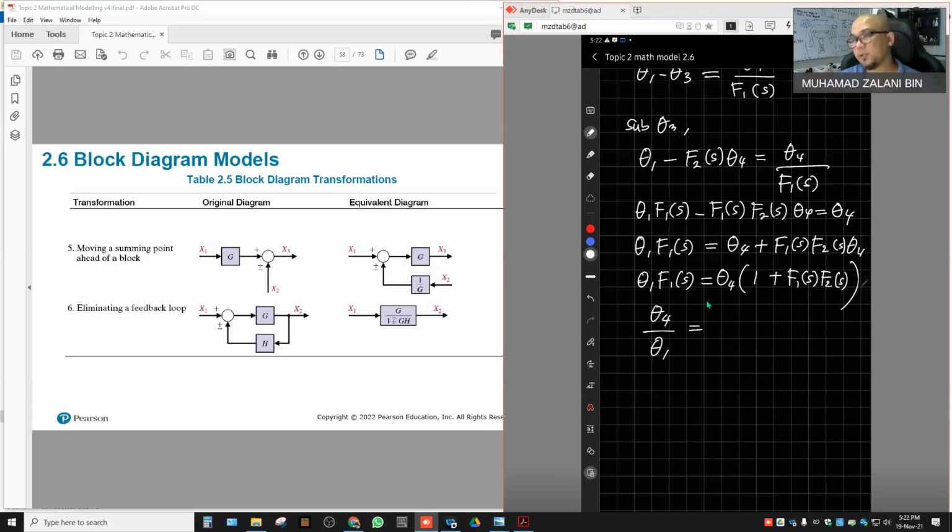So the ratio theta 4 divided by theta 1 becomes F1S divided by 1 plus F1S F2S, right?